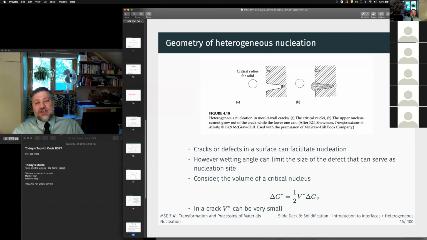So the activation barrier to nucleate here at the bottom of this crack is going to be much smaller than to nucleate even on this flat surface, right?